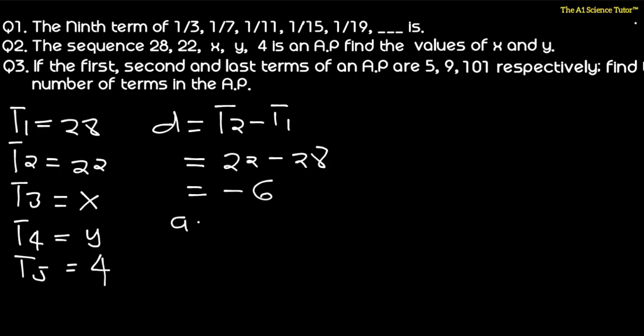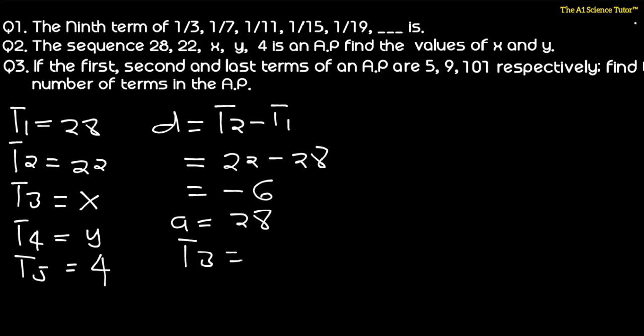Now, A, which is the first term, is 28, right? We might not even really need the first term, but let us just go on. If we know that the first term is 28 and the common difference is negative 6, we could use it to find what the third term is going to be.